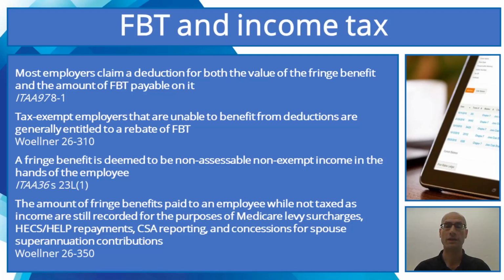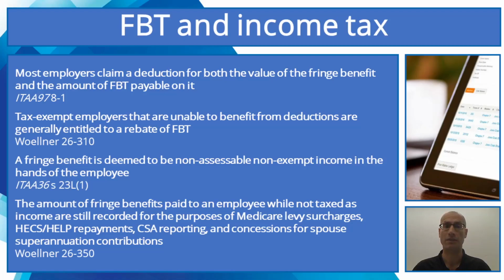Note that there is a situation where a tax-exempt employer can actually get a rebate in situations where they're unable to claim a tax deduction, because ultimately paying that fringe benefit would be functionally worth less to them as a result. In terms of the employee, for a fringe benefit which is received, remember that the tax has already been paid on that amount, and so the benefit itself is non-assessable, non-exempt income.